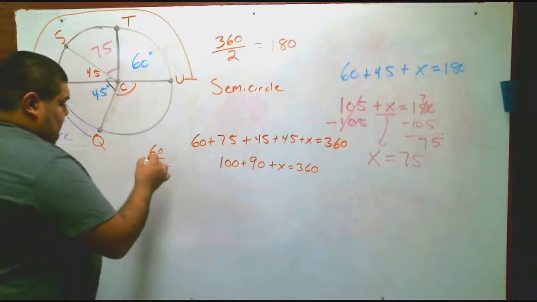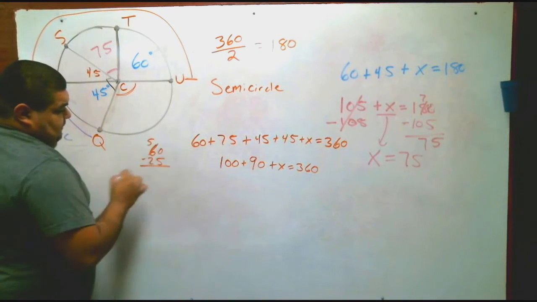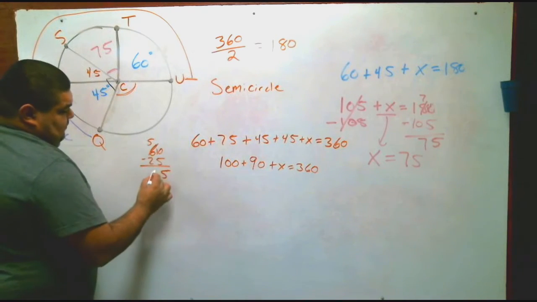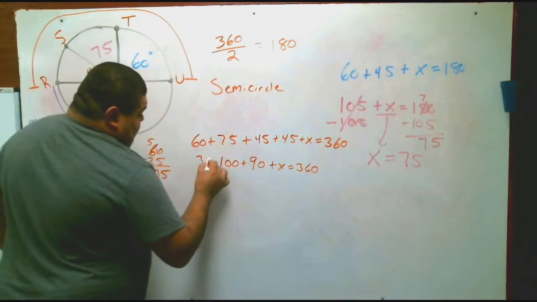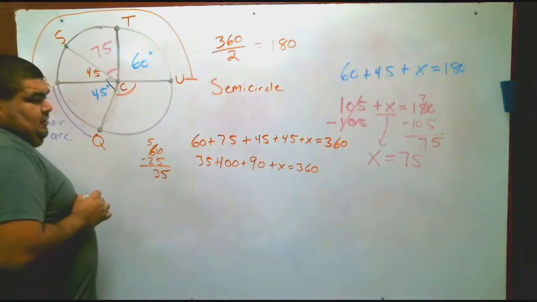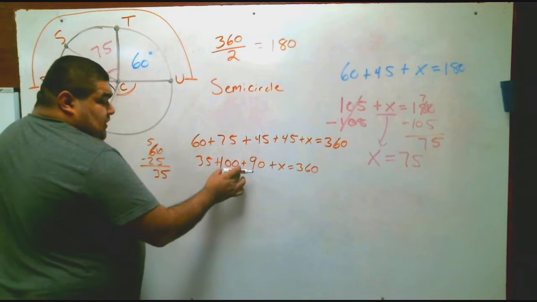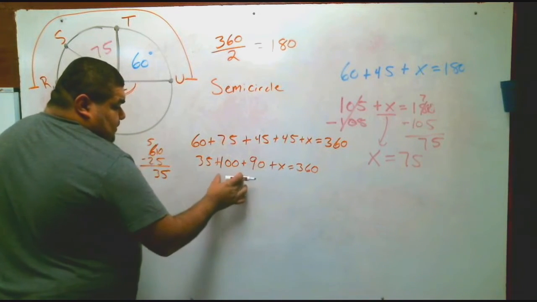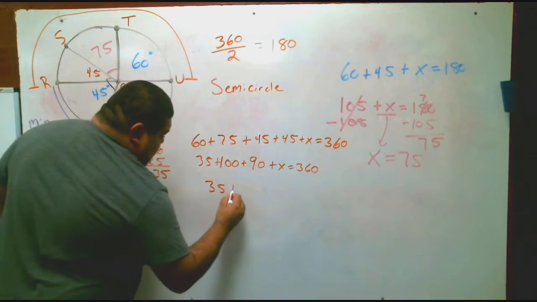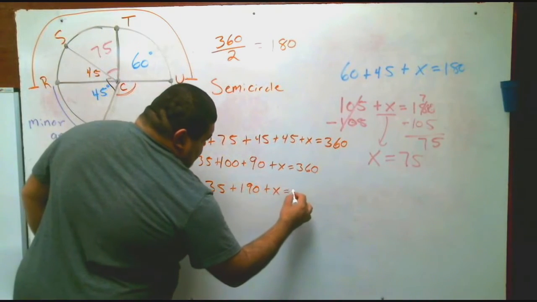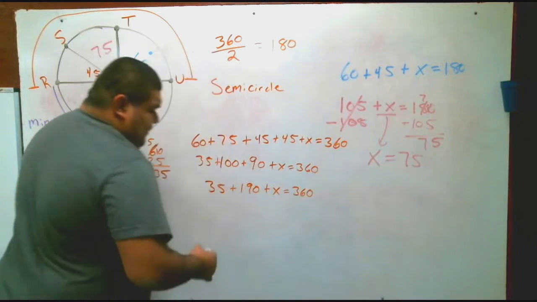Again, we borrow, which makes 5, makes a 10. 10 minus 5 is 5. 5 minus 2 is 3. So we have 35 left over, okay? Makes it a lot easier now because we can combine 90 and 100. So we have 35 plus 190 plus X equals 360.